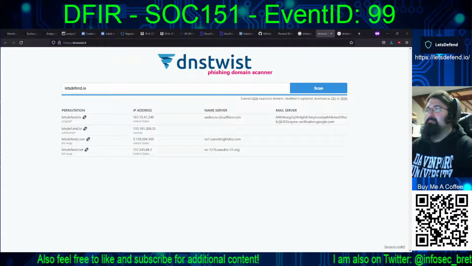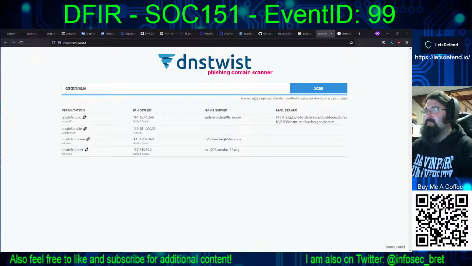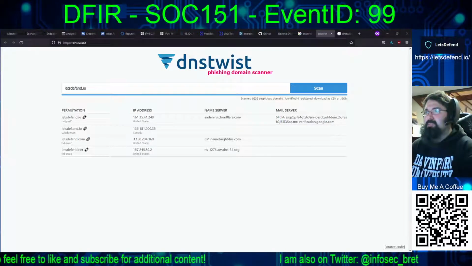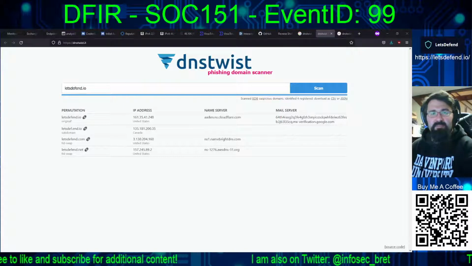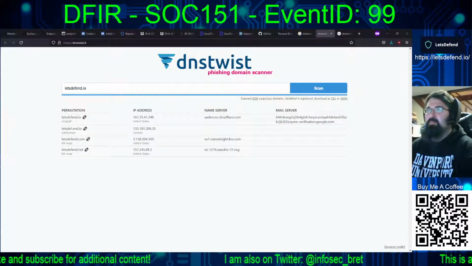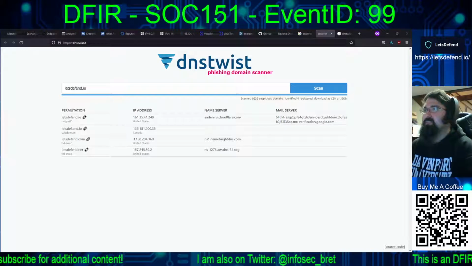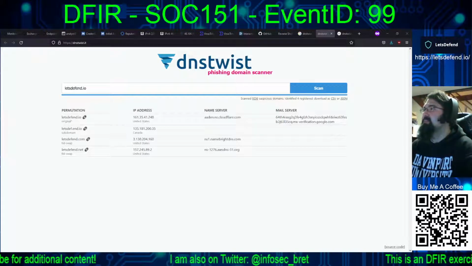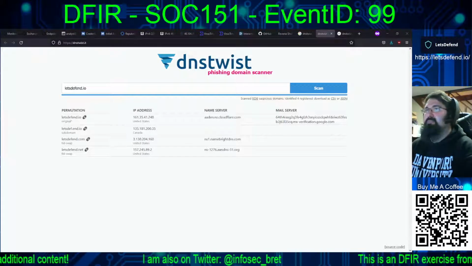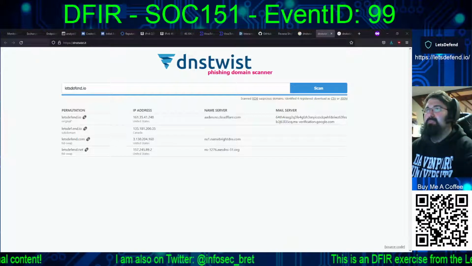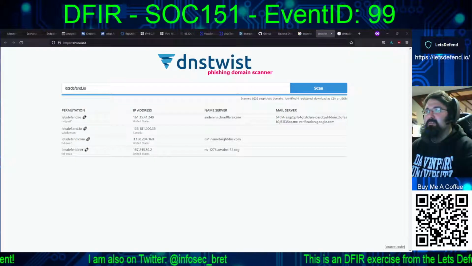I thought there was something that allowed you to go back and take a look. Was it the passive total or something? I'm looking on a different screen that's not being captured. RiskIQ for the community?